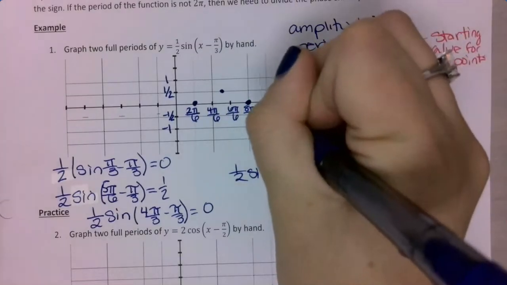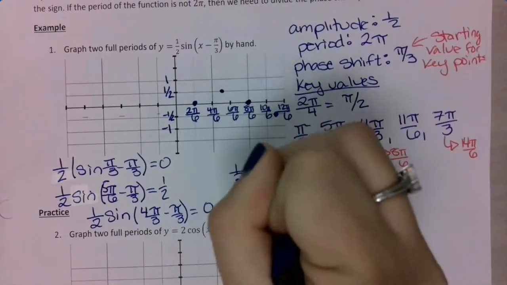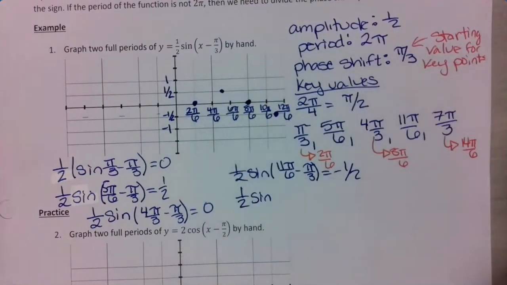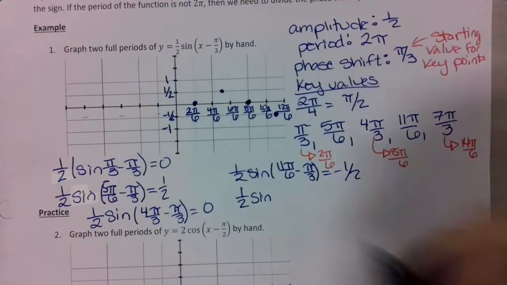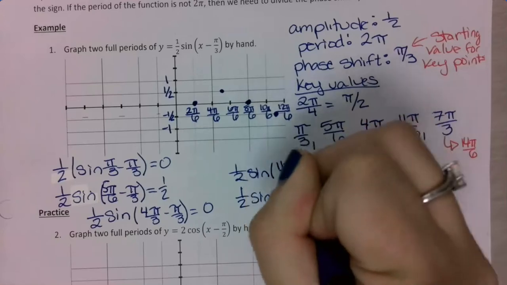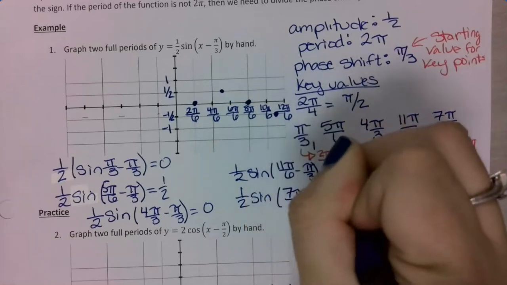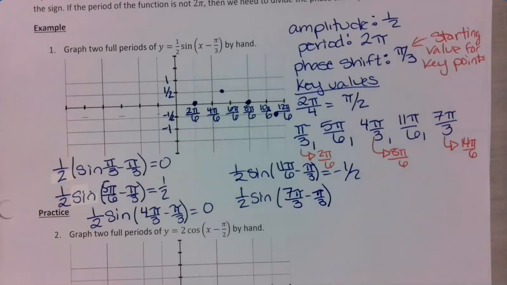So right here. And then I'm going to do 1/2 sine 7 pi thirds minus pi thirds.